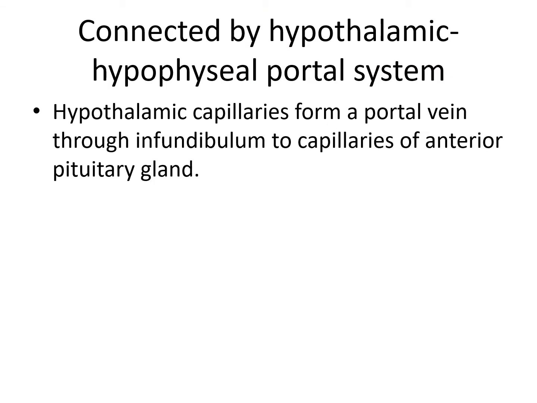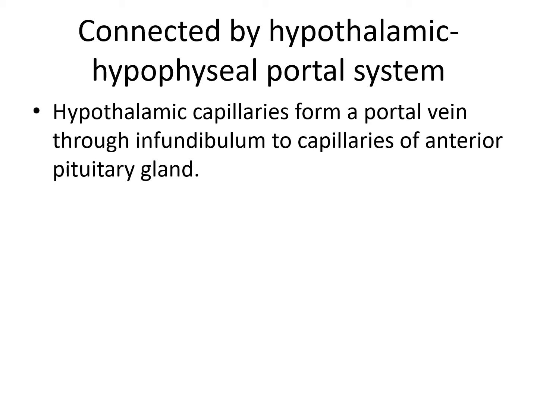Now, the close relationship between the hypothalamus and the pituitary is not by coincidence. They are connected by the hypothalamic-hypophyseal portal system. Now, you remember portal systems from SCB 203, namely the hepatic portal system, where a vein called the hepatic portal vein connected the capillaries from the digestive organs to the capillaries of the liver.